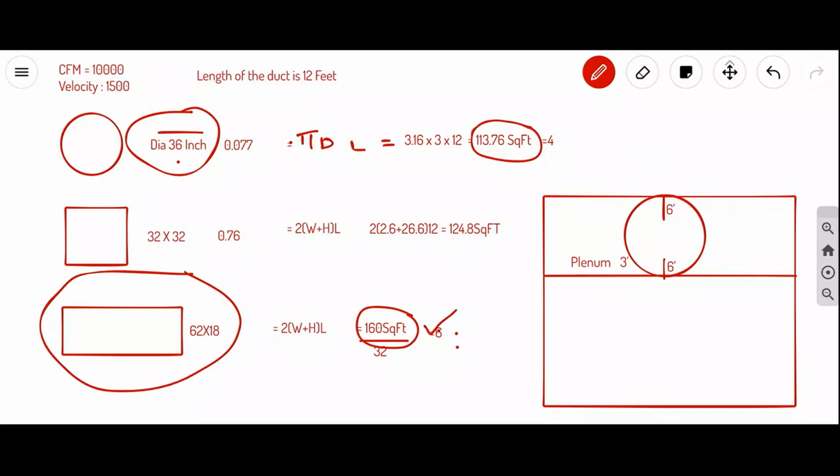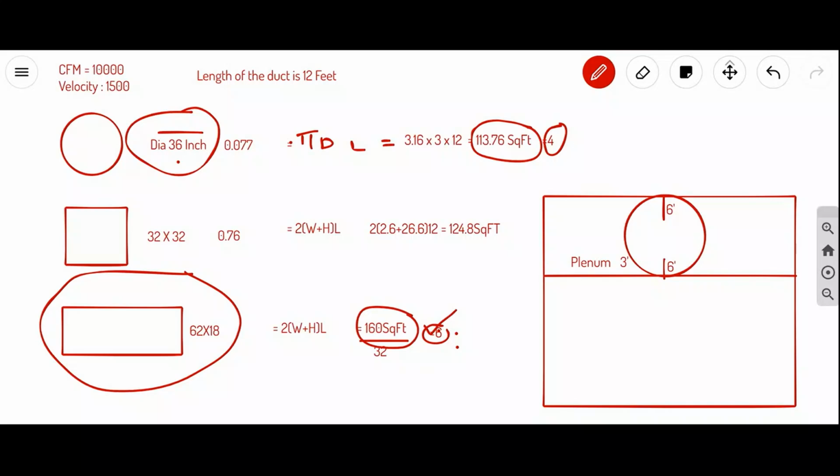Just to make 12 feet of duct, see how many sheets you require here and there. In a project the total duct length will be 800-900 feet. Then how much loss happens?